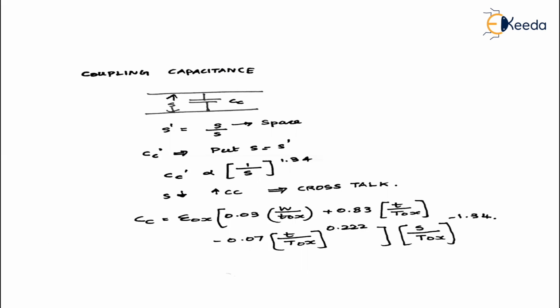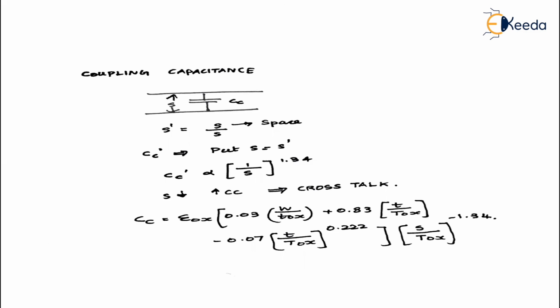I have just given the expression for coupling capacitance for your understanding. Understand that when I reduce the space between my interconnects, my coupling capacitance is going to increase. Because of this increase in the coupling capacitance, when the space between the interconnects is reduced, it gives rise to another concept called crosstalk.